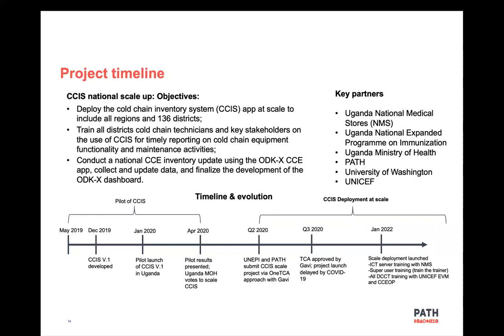But again, the objective was then to deploy the application and system across all 136 districts of Uganda, conduct a full inventory to update that, and then use the data again to improve and strengthen the health care system through the cold chain, making sure the refrigerators are working, and also tracking the deployment of a lot of the CCEOP equipment that would be coming into the country during this time.